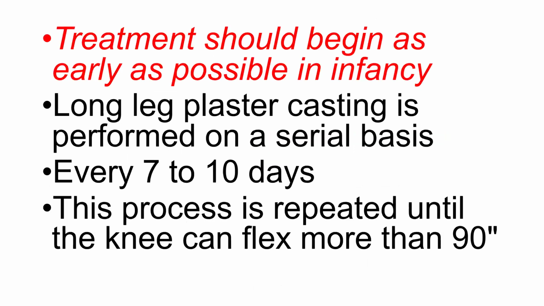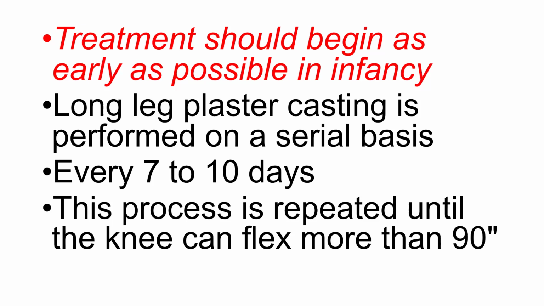Treatment should begin as early as possible in infancy. Long leg plaster casting is performed on a serial basis. This is your job, not the neurologist's, not the geneticist's. Every 7 to 10 days, you should change the cast. This process is repeated until the knee can flex more than 90 degrees.